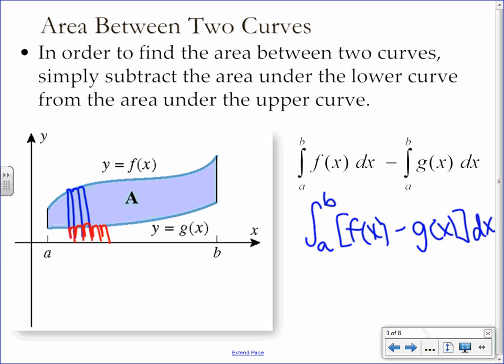Top minus bottom. Bigger rectangles minus smaller. We're subtracting the lower from the upper. So upper minus lower.